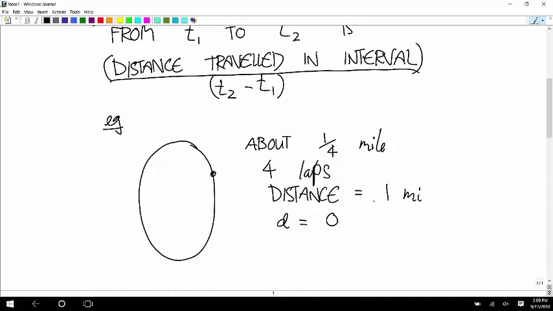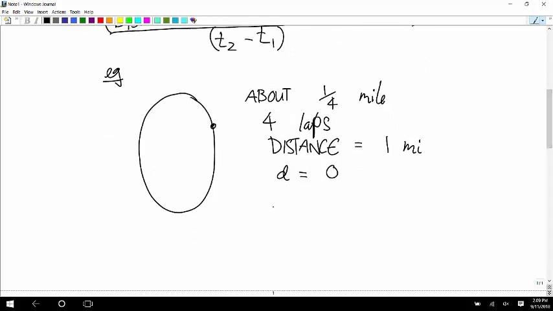You have a distance of 1 mile. If it took you 6 minutes, then you went 1 mile in 6 minutes, and that's your speed. So the average speed. So let's say you do 4 laps in 6 minutes.